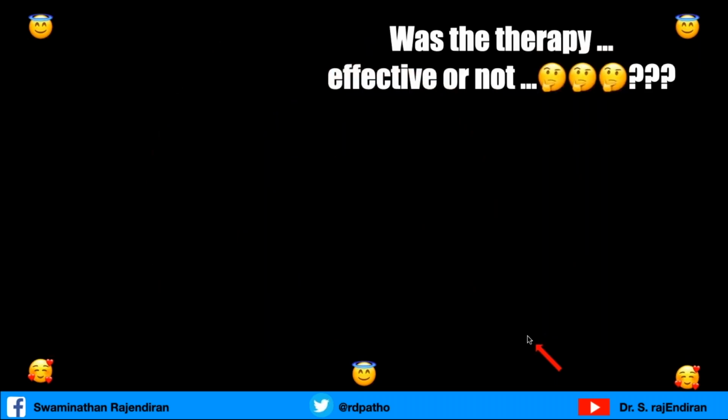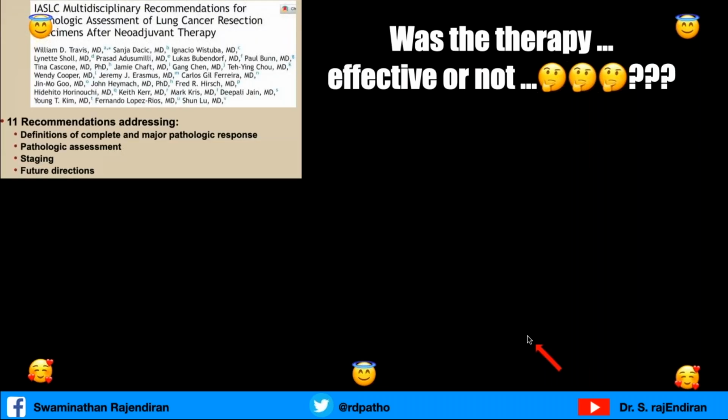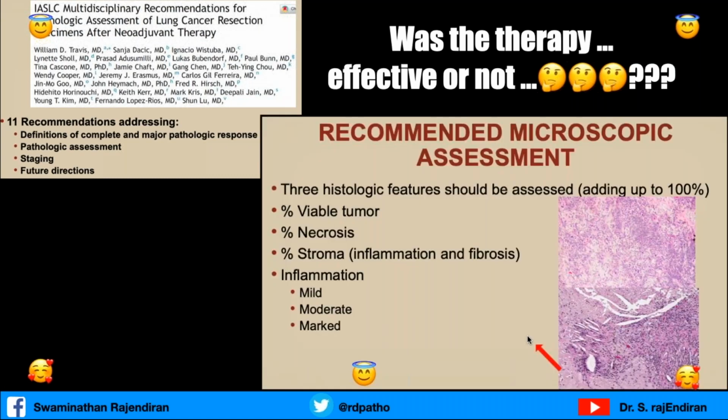And finally, how do you know whether the therapy is effective? Post chemotherapy, they will do the surgery. And this is a nice paper that gives 11 recommendations for the assessment of lung cancer resection after neoadjuvant therapy.